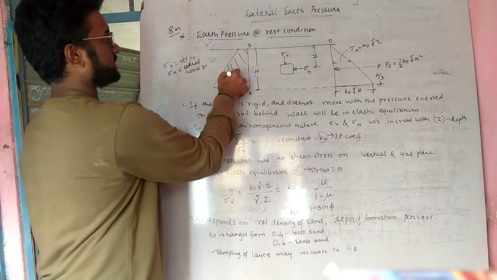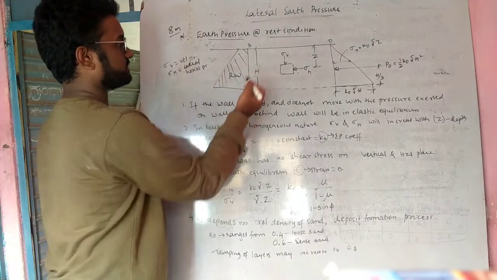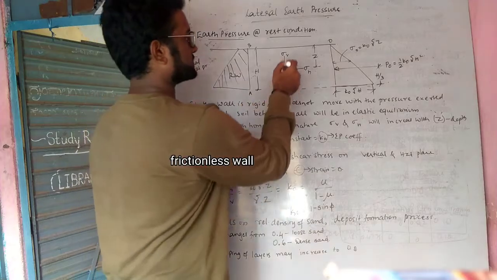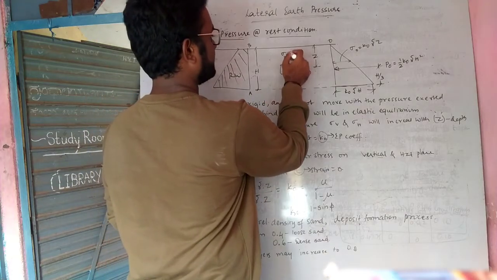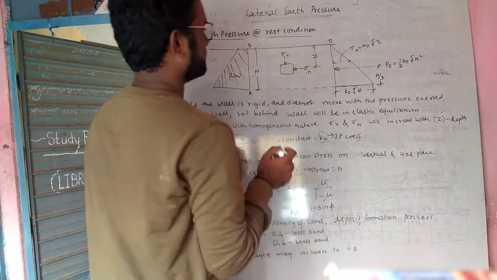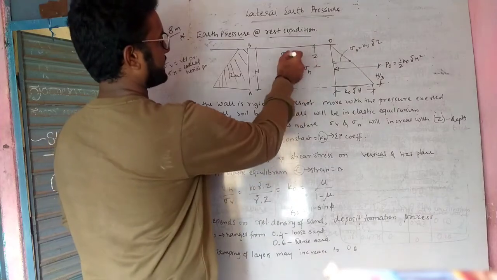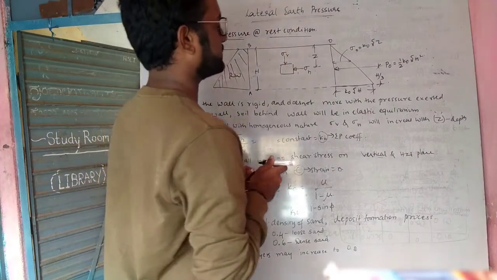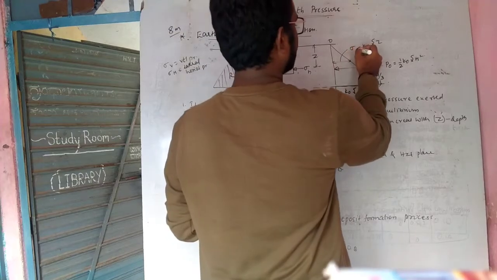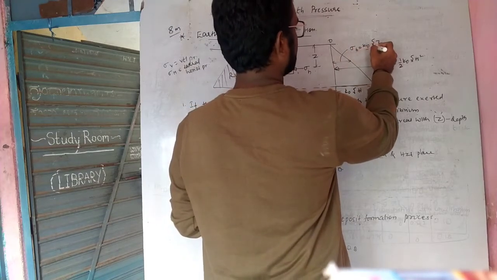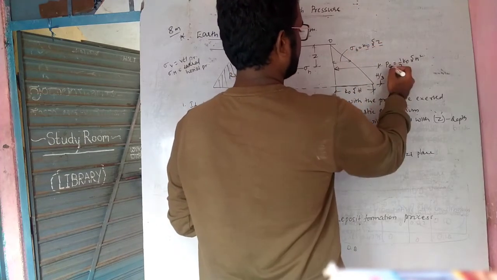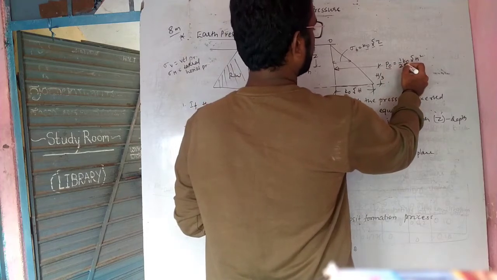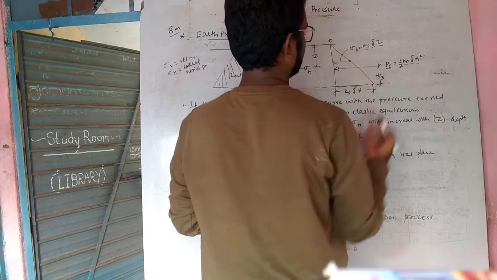Here you can see the retaining wall of height h, and the forces acting on it are sigma v and sigma h, that is, vertical stress and horizontal stress. Sigma h is equal to k naught gamma z, and P naught is equal to half into k naught into gamma into h square.